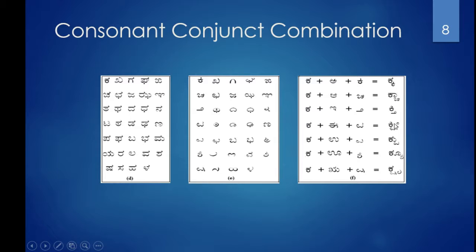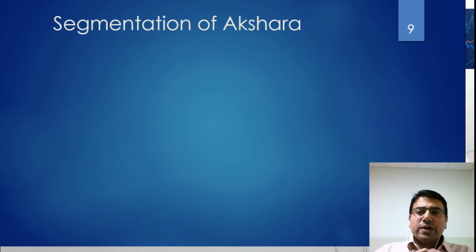They may not be directly connected to the earlier consonant, but may occur as an independent component in the akshara. So how do we perform recognition if the dataset is huge and complex, with aksharas created from a combination of various classes?